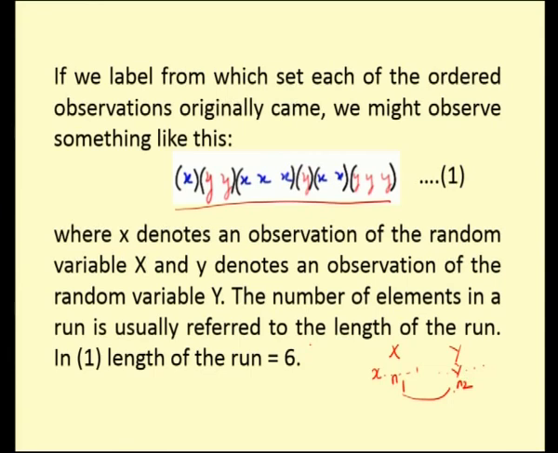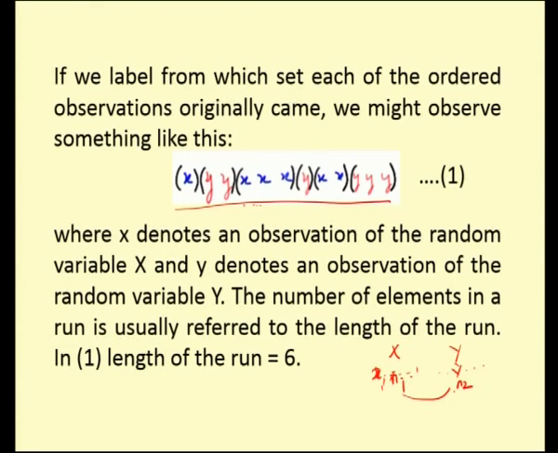Say you take the observations of x as x1, x2, etc., and for y you write y, etc. Say n1 is equal to 3 and n2 is equal to 5. Put them together and arrange them in increasing order.